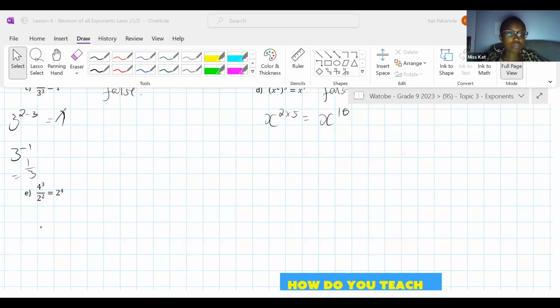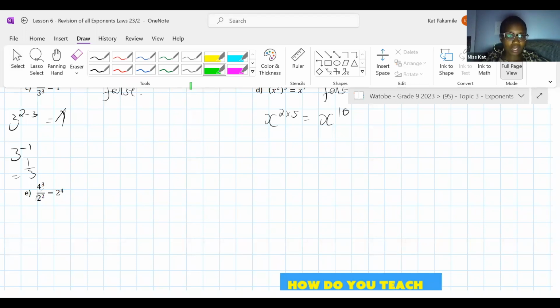We have 4 cubed over 2 squared. How would you solve this? Okay, so ma'am, I think we divide 4 divided by 2 equals 2, and then the exponents, we just minus them. You can't mess with the bases, excuse me.